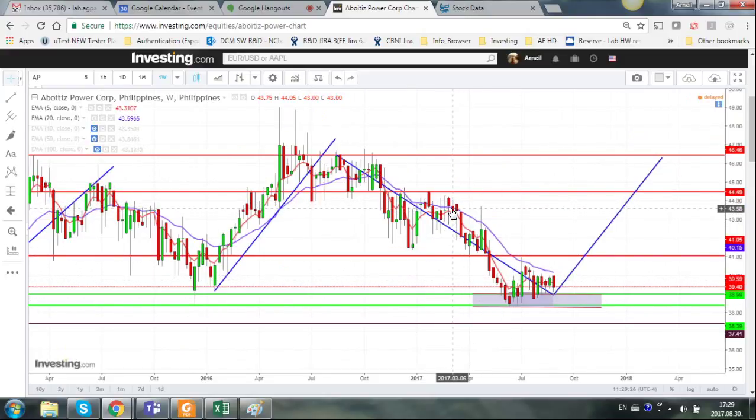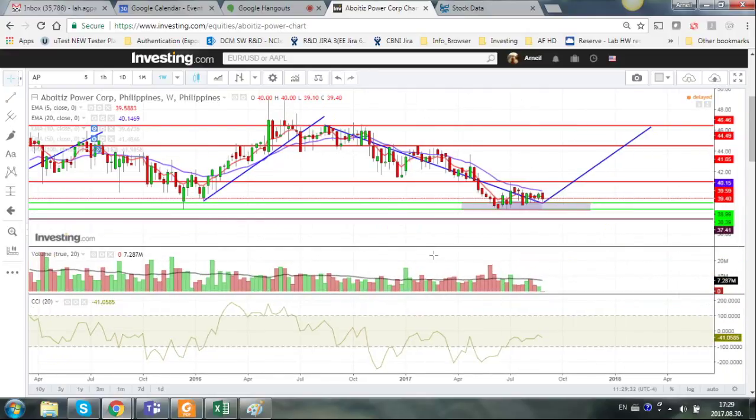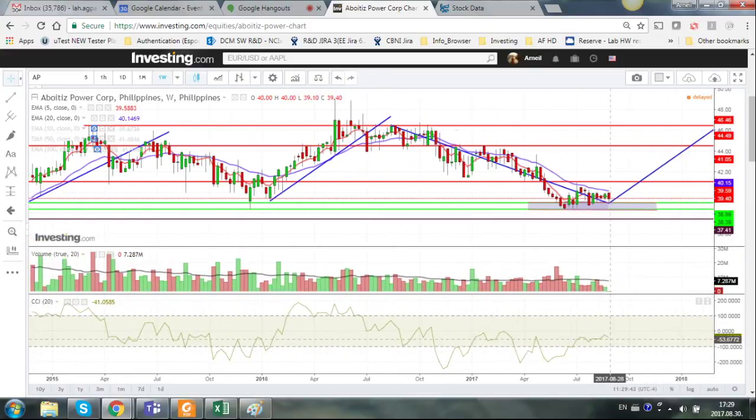Walang buy signal dito eh. Di ba? Hindi pa naman nag-cross yung red. So bumaba pa. So that's why it's always good to confirm your buy and sell signal with other indicators kasi wala namang perfect na indicator.